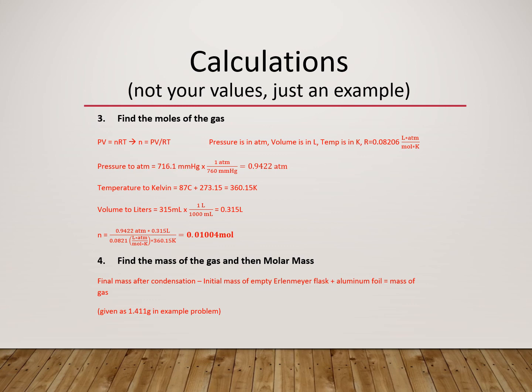And then you just subtract them, final minus initial, and you can get the mass of the gas. Then you can use that mass and divide it by the moles you calculated in number 3, and you'll get your molar mass. So in this example, we've calculated 140.5 as our molar mass. And just pay special attention to the significant figures in these calculations.